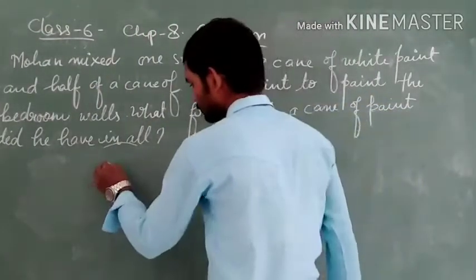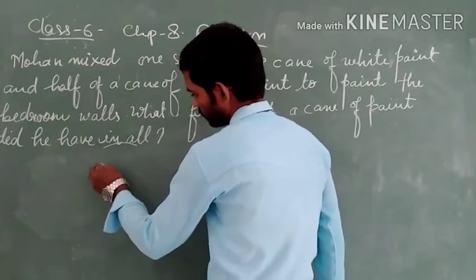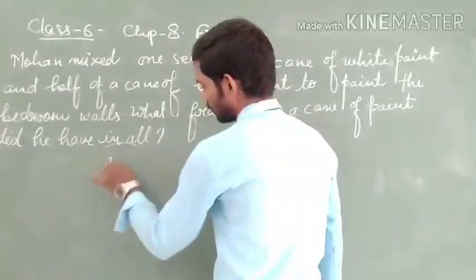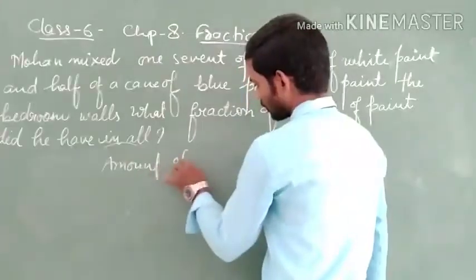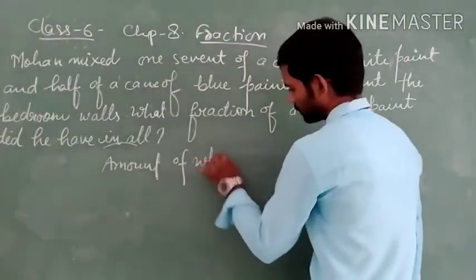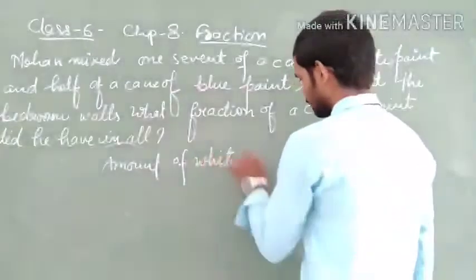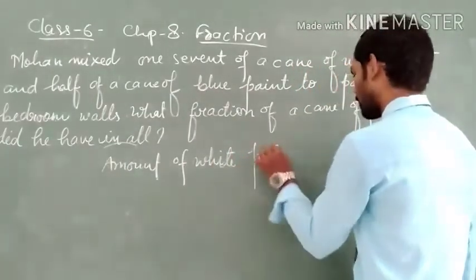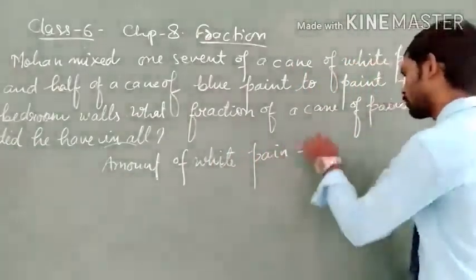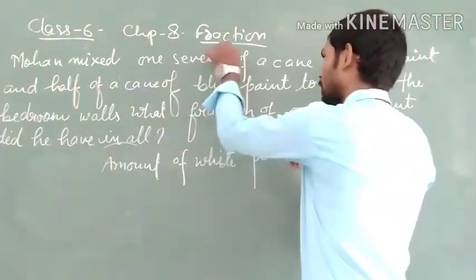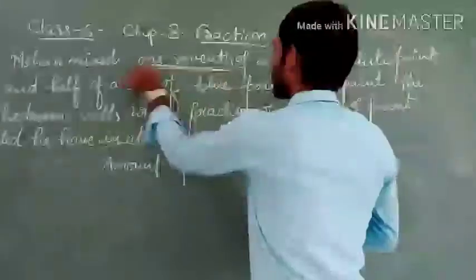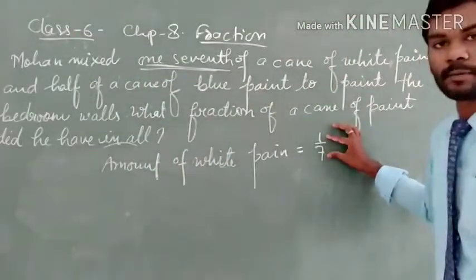Amount of white paint is equal to 1 upon 7, because here it says 1/7, therefore we write 1 upon 7.